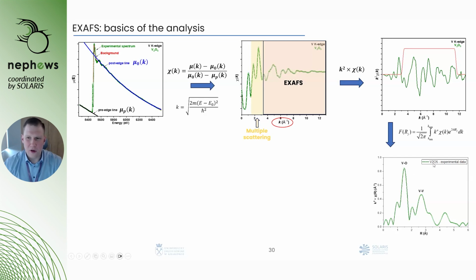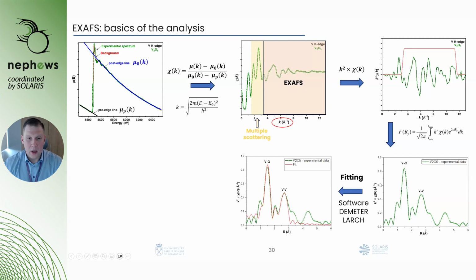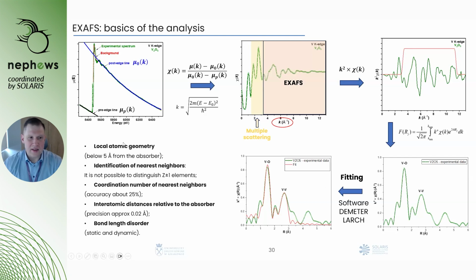For example, for vanadium oxide, we could investigate the interaction between the vanadium absorber and oxygen in the first coordination shell, and also investigate the interaction between vanadium atoms in the sample. Making analysis using different software programs allows us to investigate the local atomic geometry in the range of 5 angstrom from the absorber.